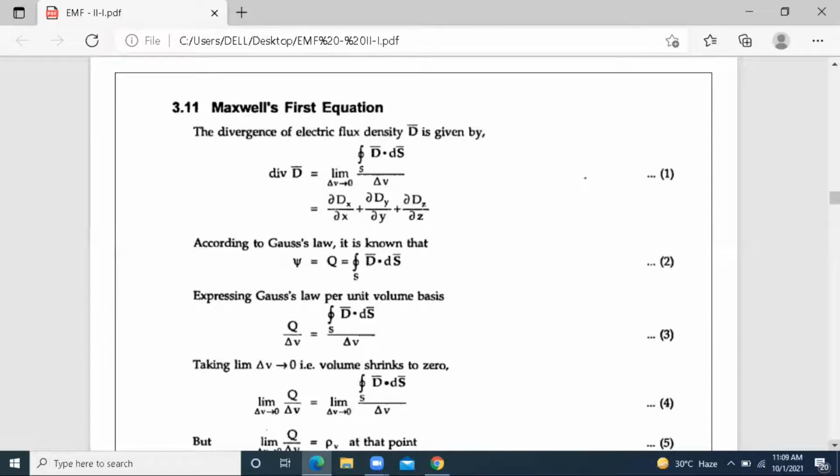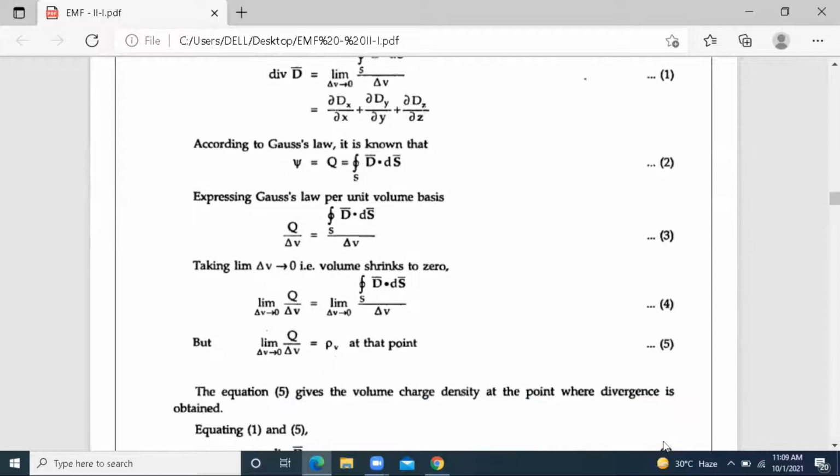So if you take a very small volume, in the limit as the volume goes to 0, this is rho v at a point, which is the volume charge density at the point where the divergence is obtained.